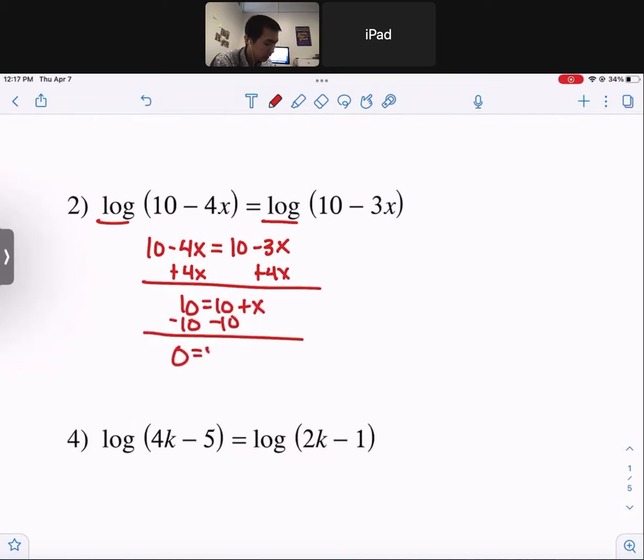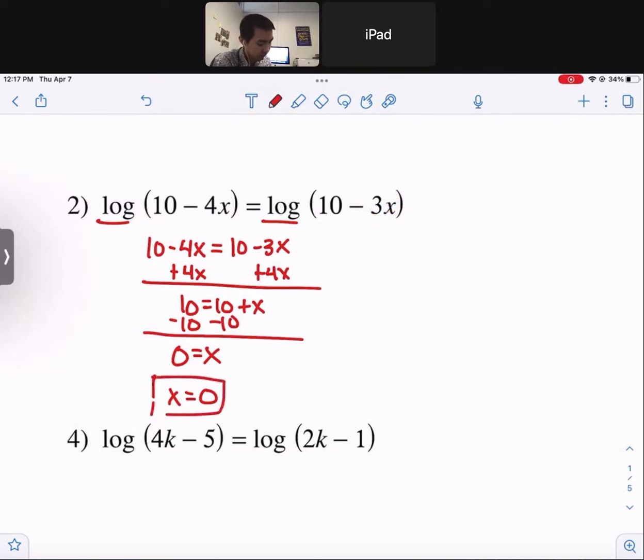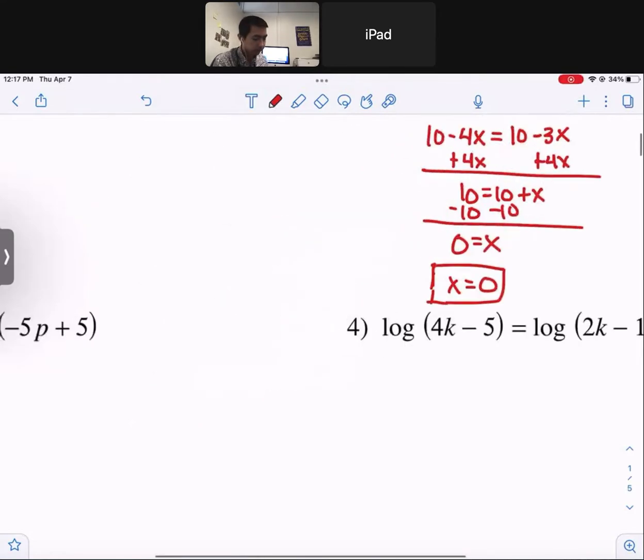What you notice is that x is equal to 0. If we plug in 0 into here, we'll get positive values, because this is going to be 10 minus 0, and here, if we plug in x equals 0, 10 minus 0 is 0. So that is going to be a perfectly nice answer.